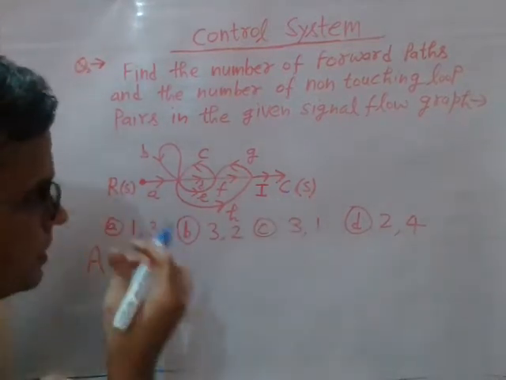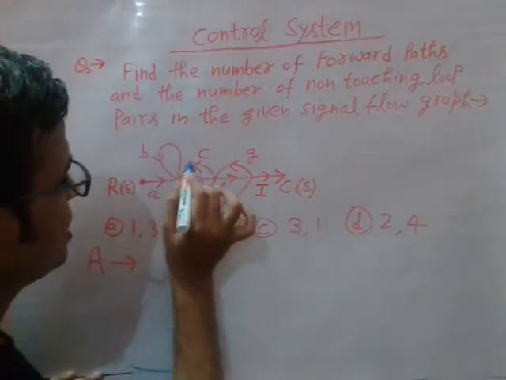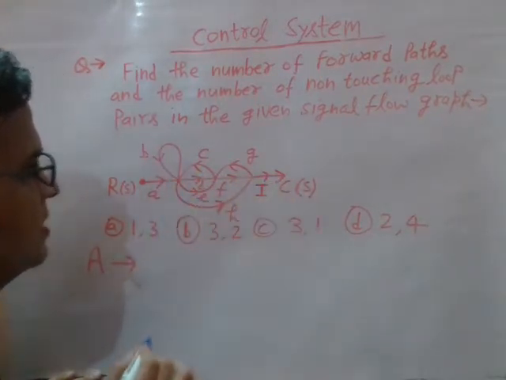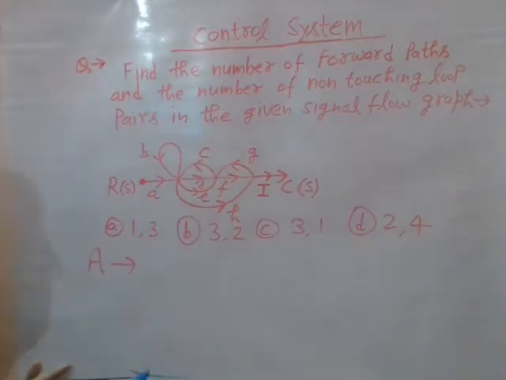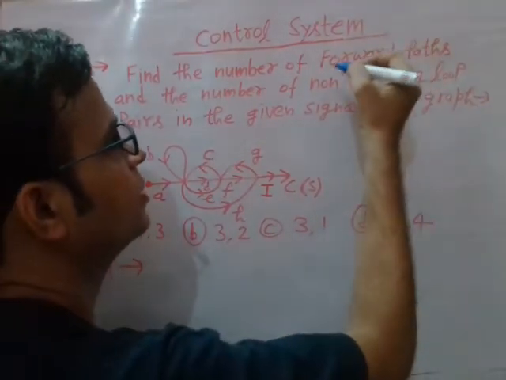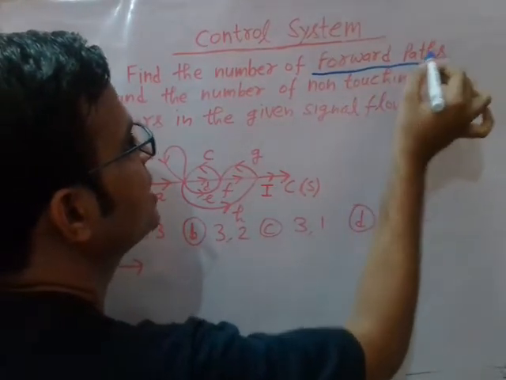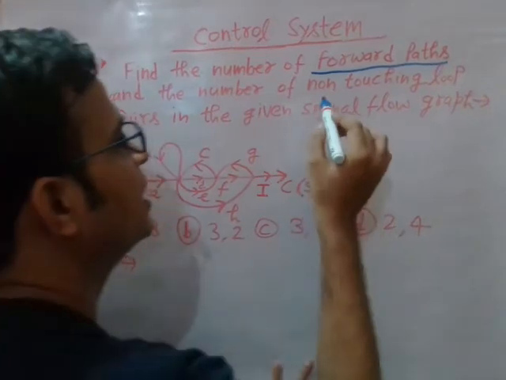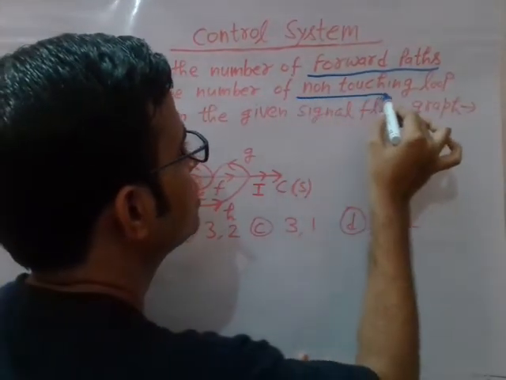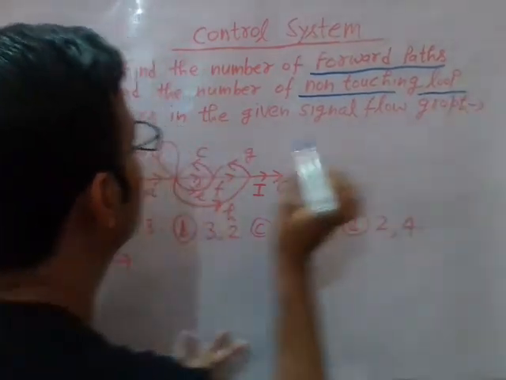Now here, these are the various paths which are given to you. First of all, you have to find out the number of forward paths, and then find non-touching loop pairs.